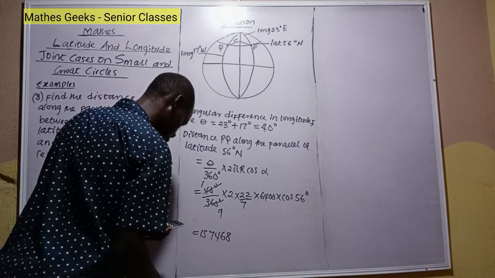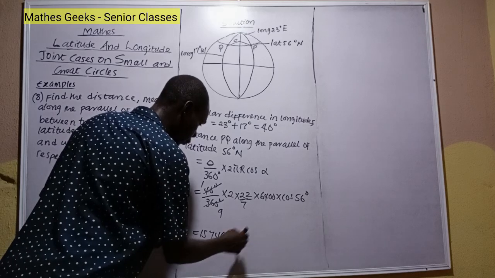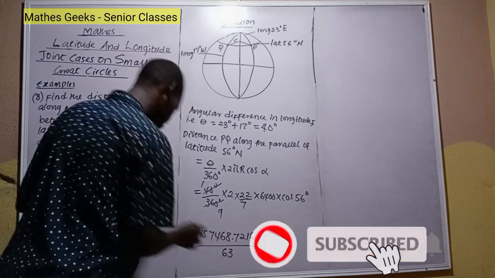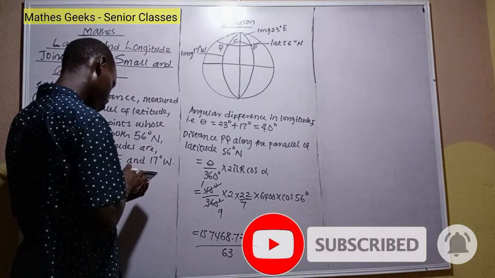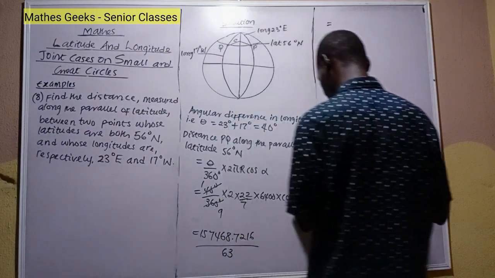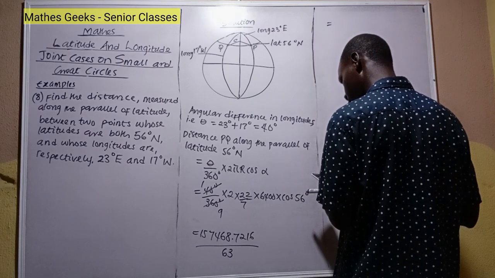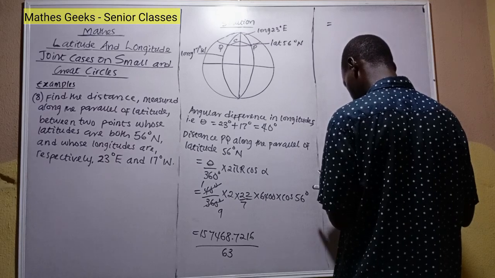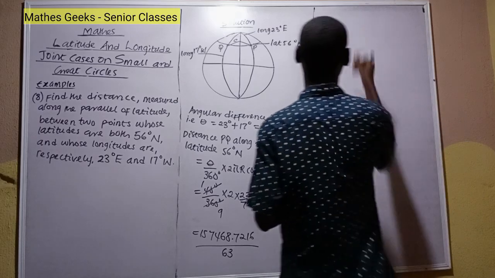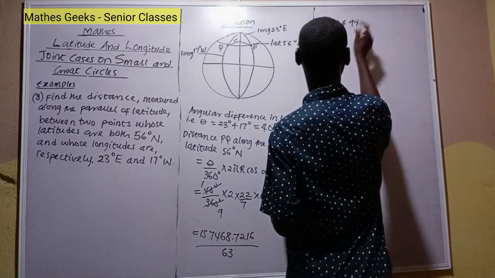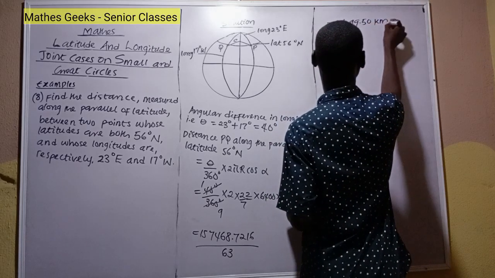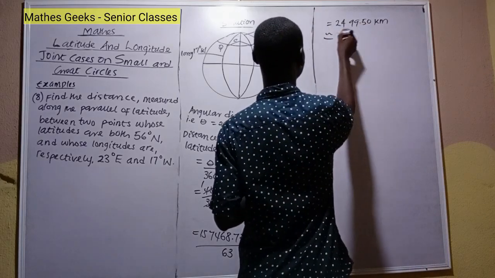Multiplying out, we get 157,468.7216 divided by 9 times 7, which is 63. So this is equal to 2,499.50 kilometers approximately.